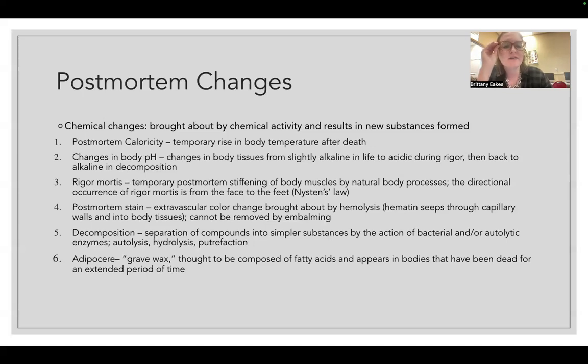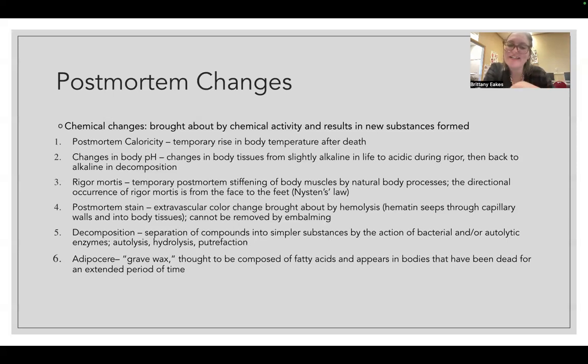So the normal pH of the living body is about 7.4. We operate slightly basic, and that's actually the pH that embalming chemicals work best at, or formaldehyde, the traditional. After death, there's a drop in pH of the blood and tissue fluid.